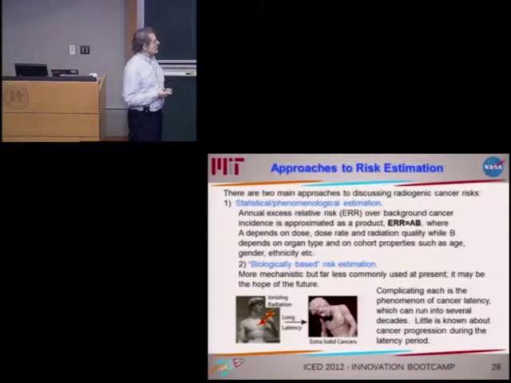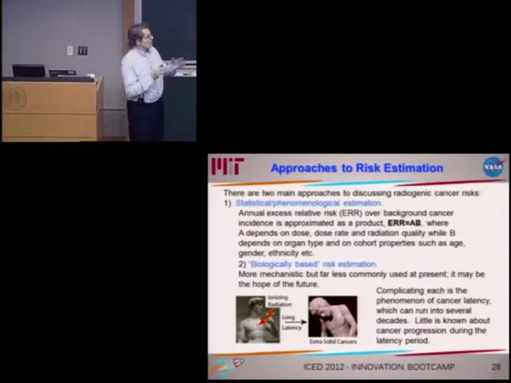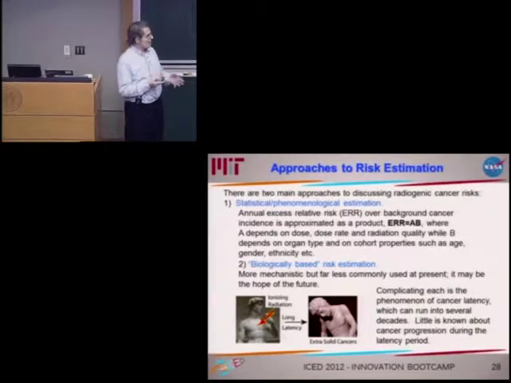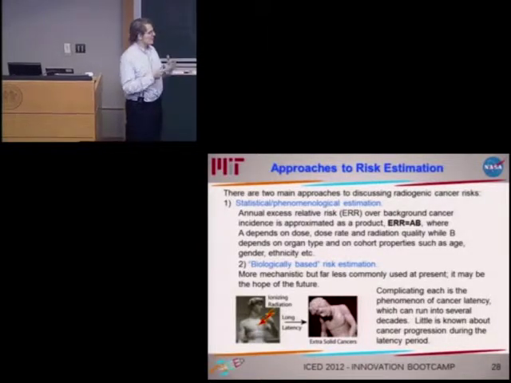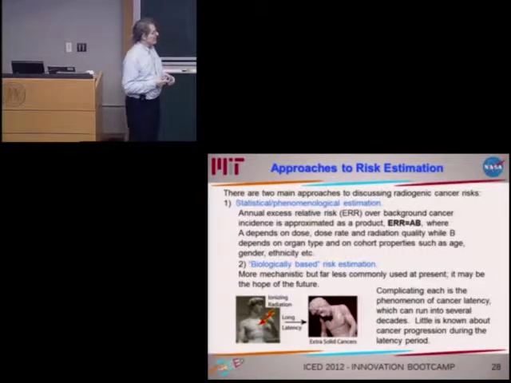Then, more recently, and it hasn't gained an official policy foothold yet, is this notion of biologically based risk estimation. What this entails is thinking more mechanistically rather than statistically and phenomenologically about the problem. But in the course of doing that, introducing into the equation a lot more effects, at least from the beginning of this exercise, a lot more confounding influences.